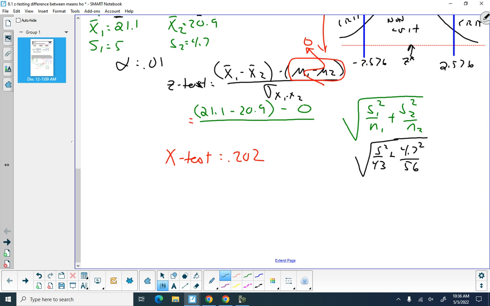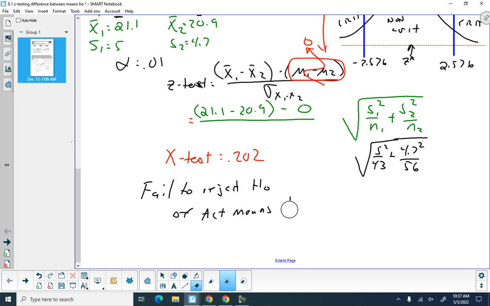So we failed to reject the null hypothesis. ACT means are the same for the genders.